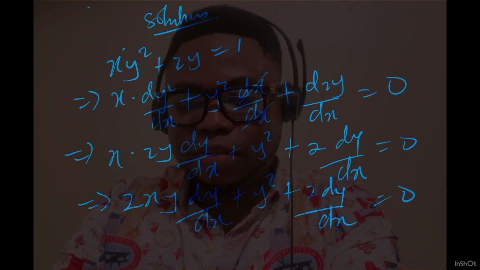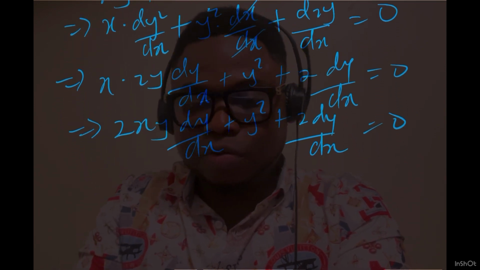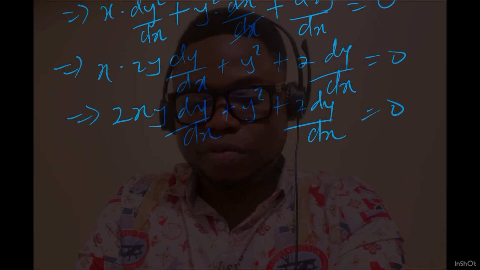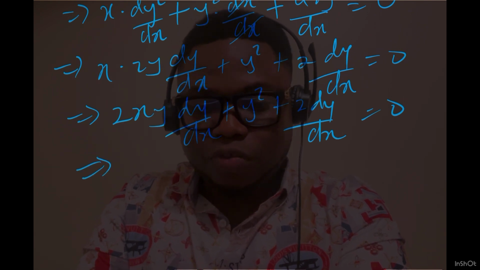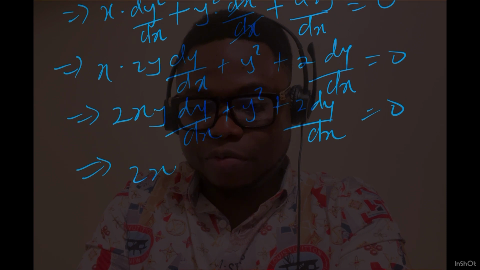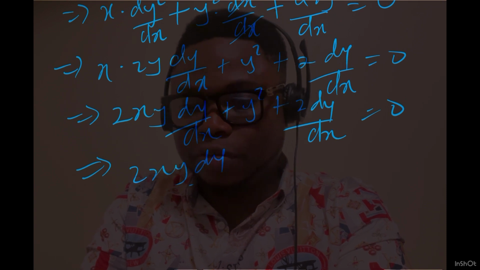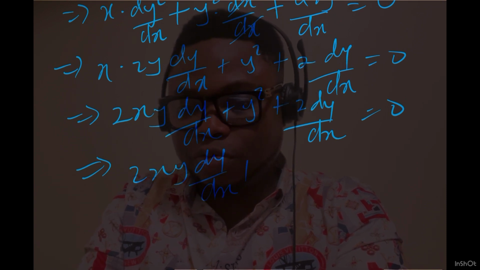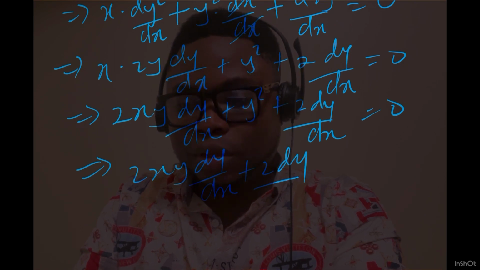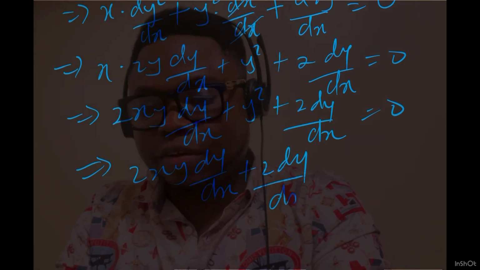So now the next thing to do is the collection of like terms, which is going to be 2xy dy over dx plus 2 dy over dx, because they are like terms.